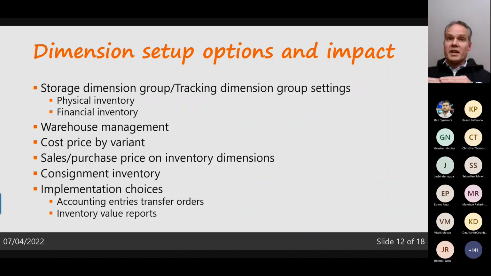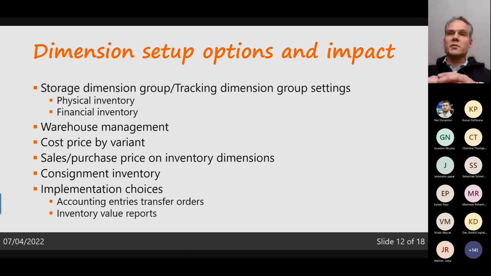As already mentioned, if we want to enable the processes for warehouse management, then we can't choose that much. A lot of information will be defaulted by default. On the storage dimension groups and tracking dimension groups, you can change per dimension if you want to go for the financial inventory to have a cost price per dimension or not.